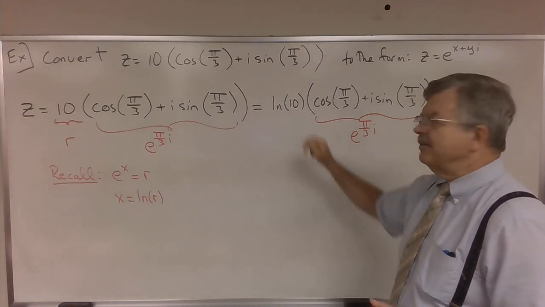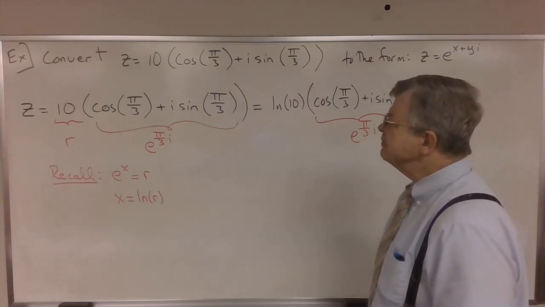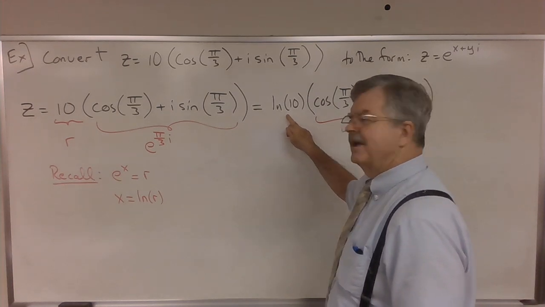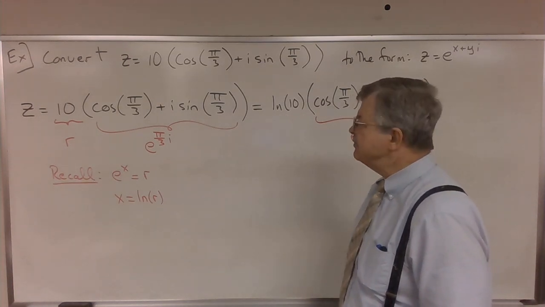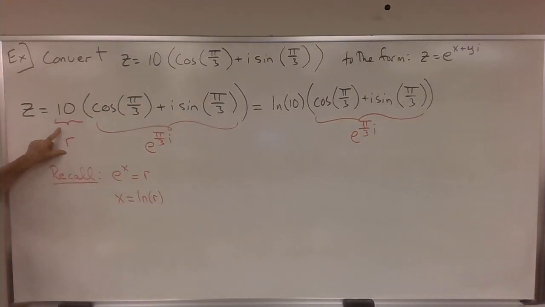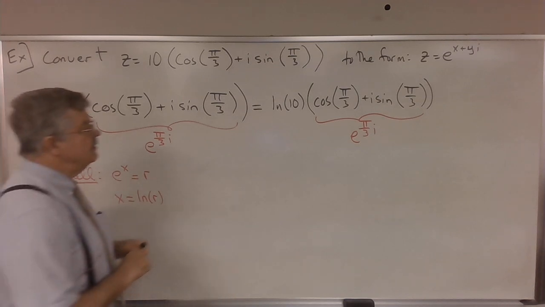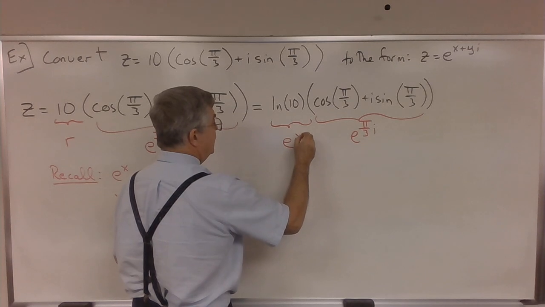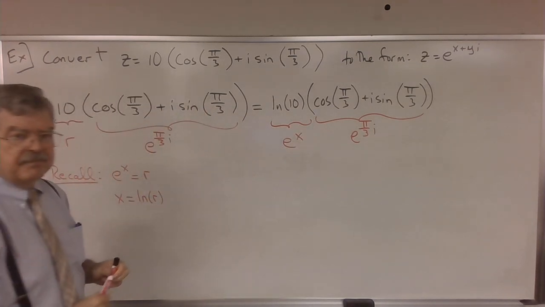Natural log of 10 and 10 are not the same, are they? I have r here, so I have to replace r with its equivalent, which is e to the x, right? So what should go here is e to the x.